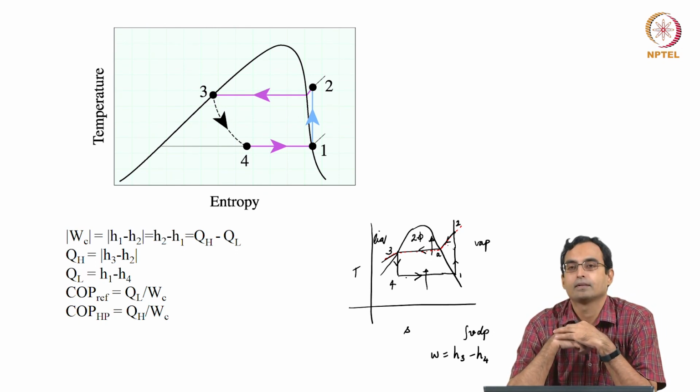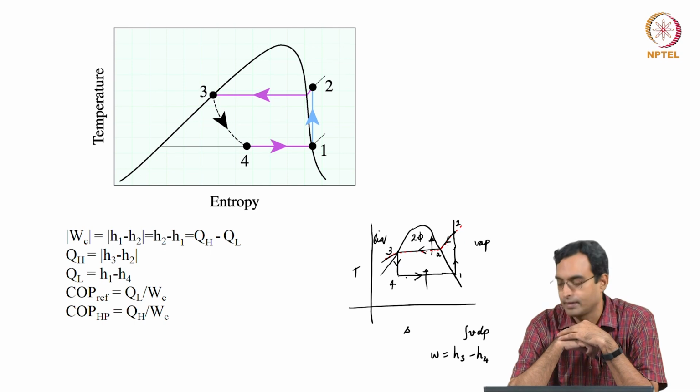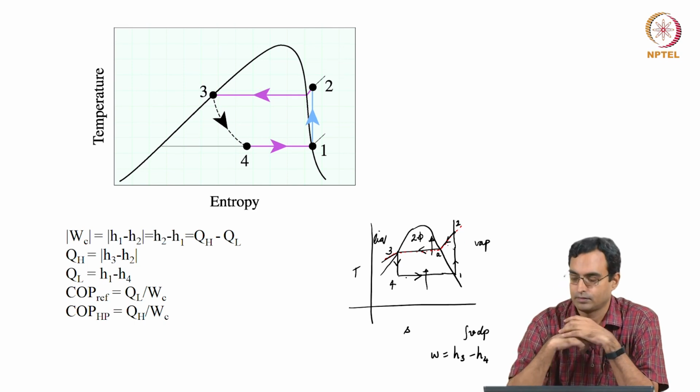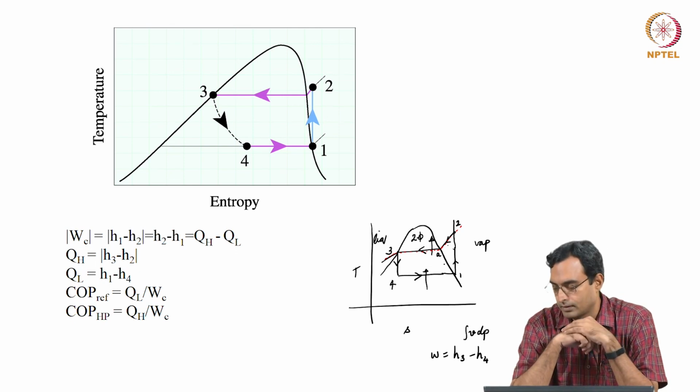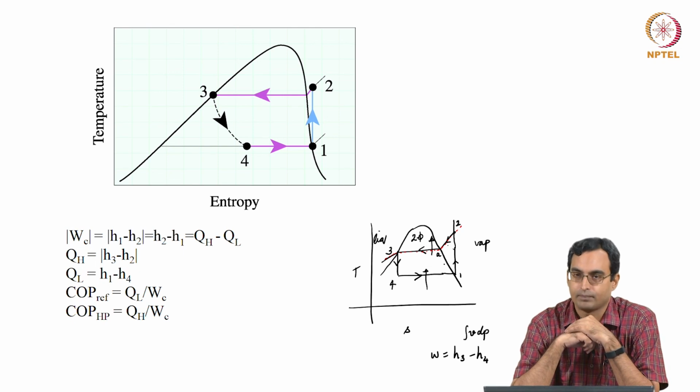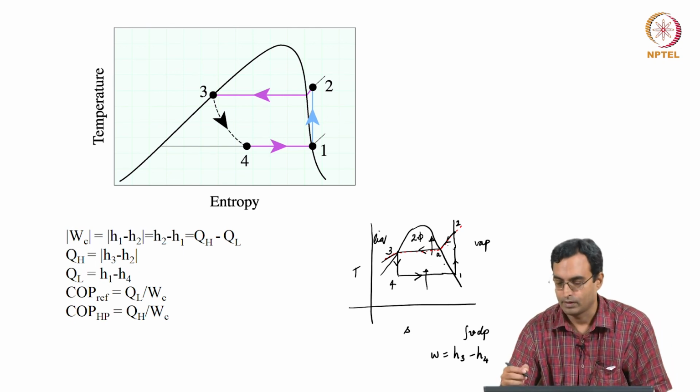So, all of this leads us to the conclusion that putting a turbine here, even though it is useful to improve the efficiency of the cycle, is possibly not going to be very feasible from a cost perspective and from the durability of this device.